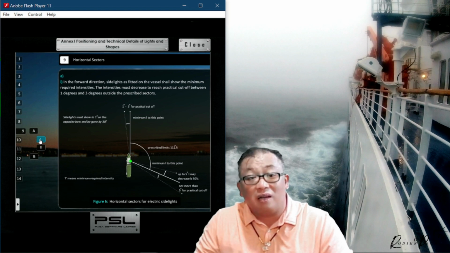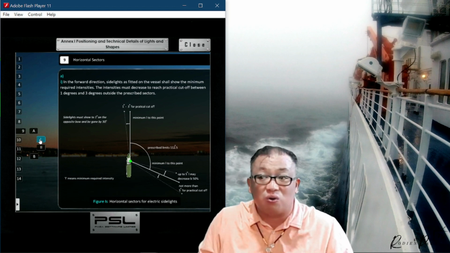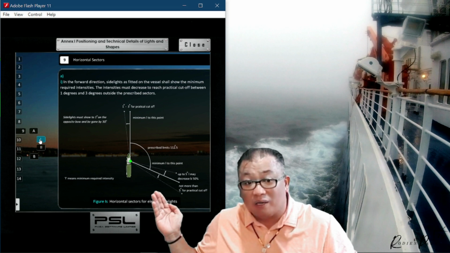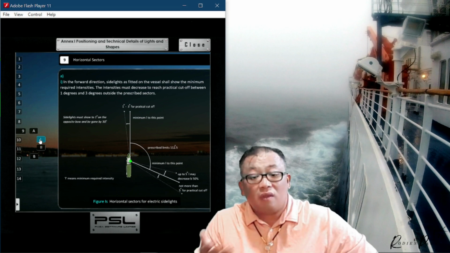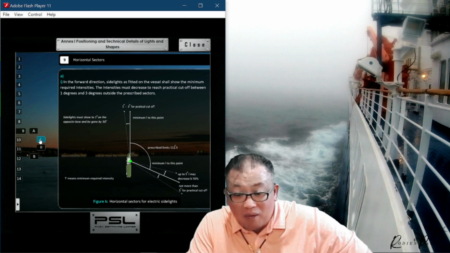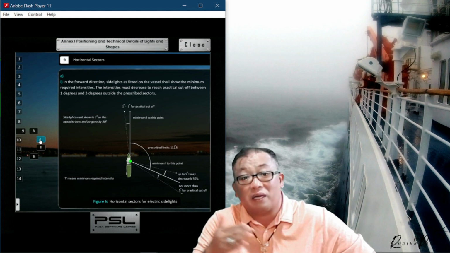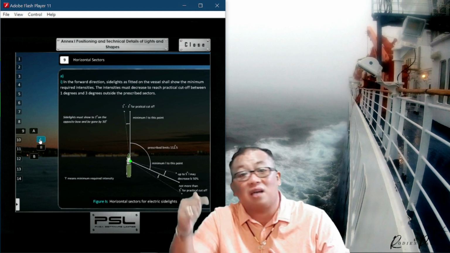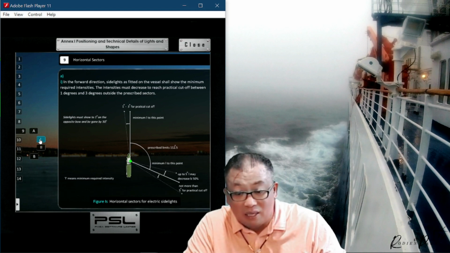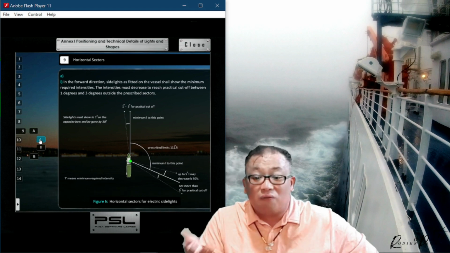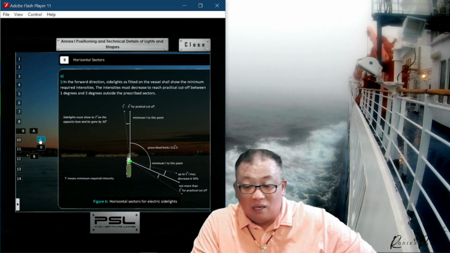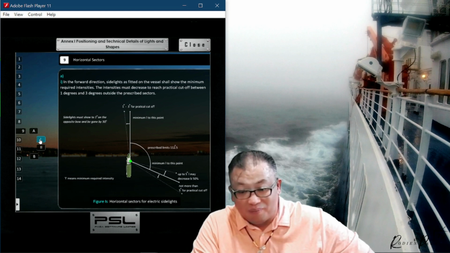However, 22.5 degrees above the beam, which is on your starboard side, is 1. It has a prescribed cutoff also, which is inside the prescribed sector, meaning inside 112.5 degrees, it is 5 degrees, so 5 degrees decrease to 50%.